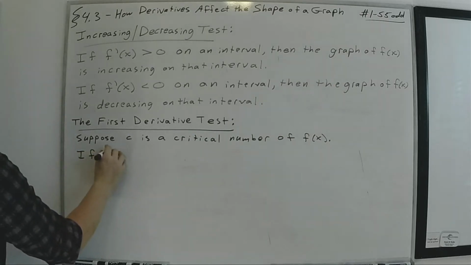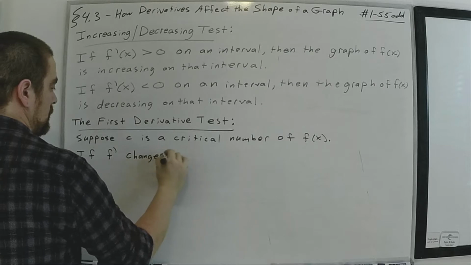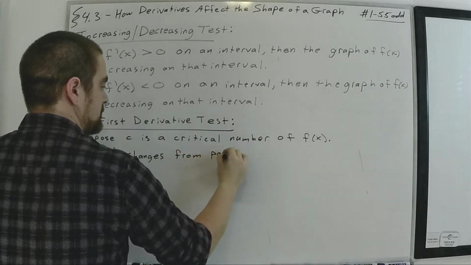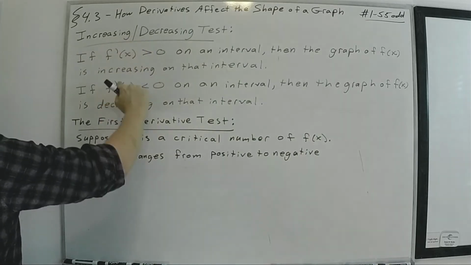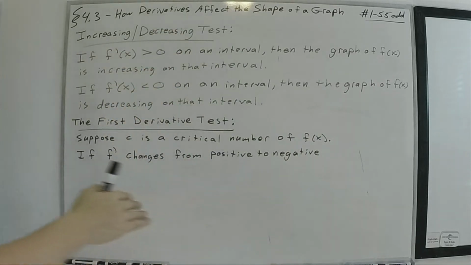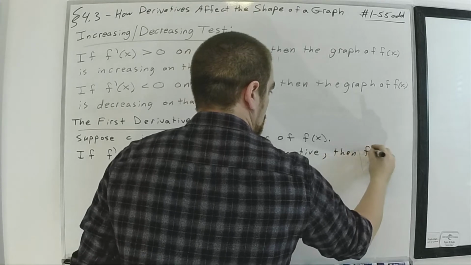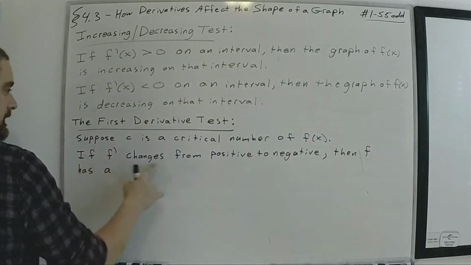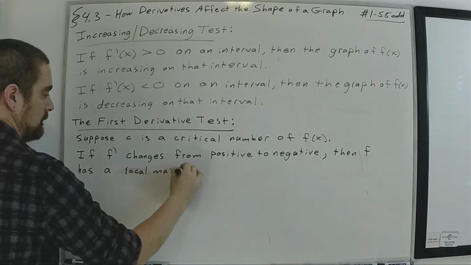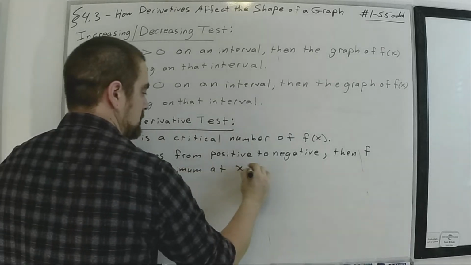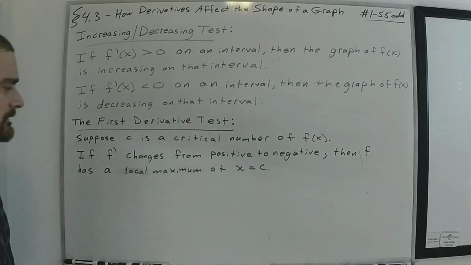We will say that if f prime changes from positive to negative, i.e. we are switching signs for our derivative, which means we are switching from increasing to decreasing, essentially, then f, our original function, has a maximum, or I should say local maximum, to be more specific, at x equals c. Or I guess you could just say at c, right?